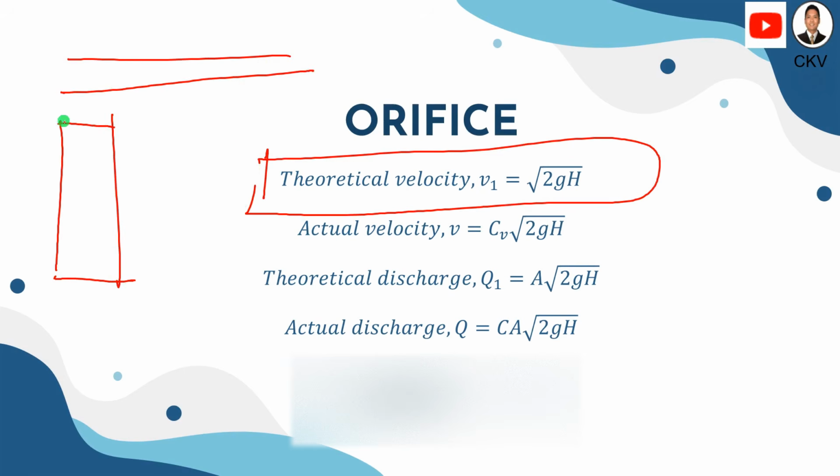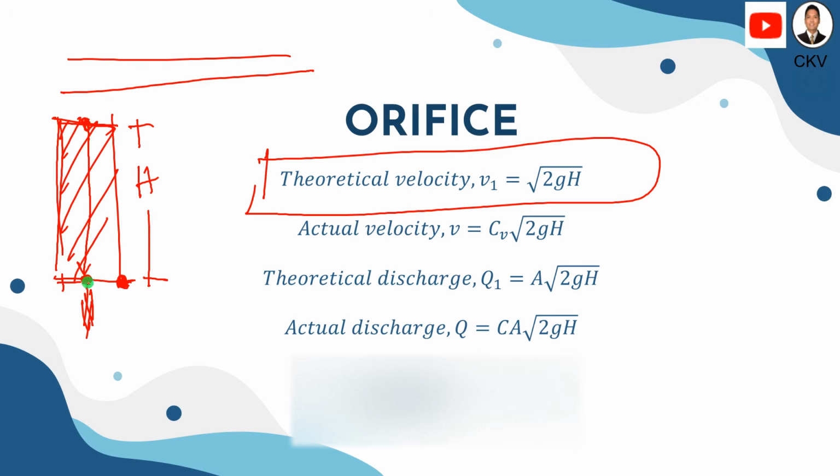a body of water with a given height h, and our opening is at the bottom, right here. Say this is our initial velocity. The fluid is moving from the top going to the opening of this container. Initially we have an initial velocity and we have a final velocity of v1.